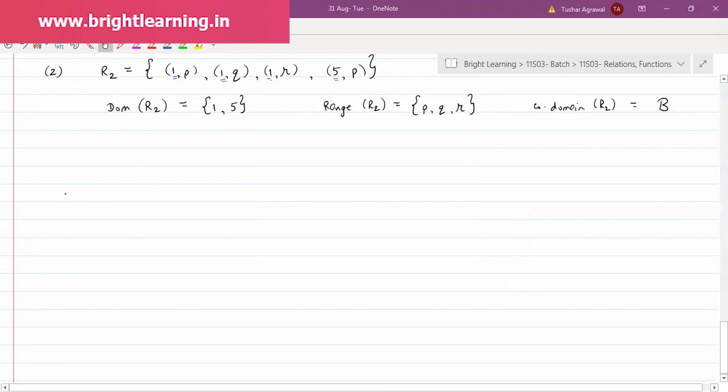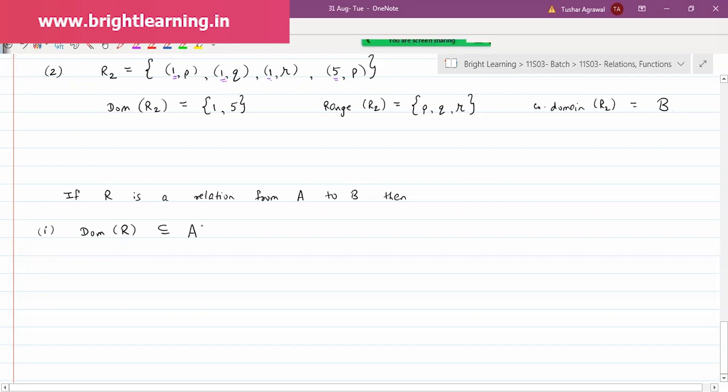Now, if R is a relation from set A to set B, then first, the domain of R is a subset of set A. When I'm telling you this, am I teaching you anything new?